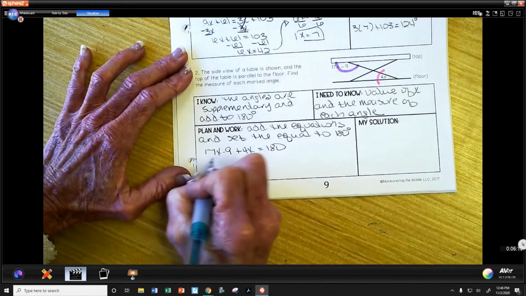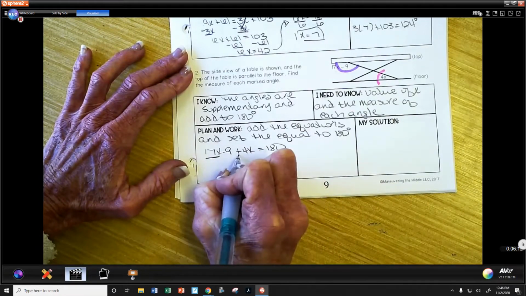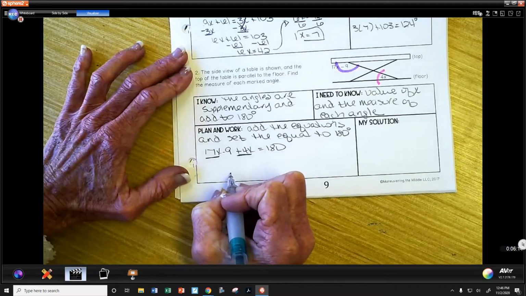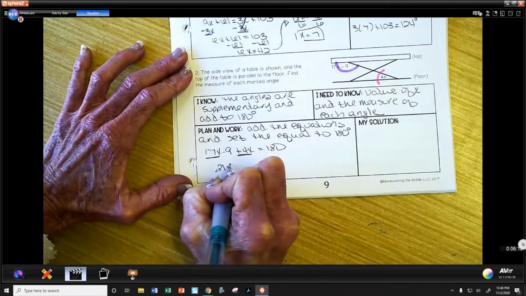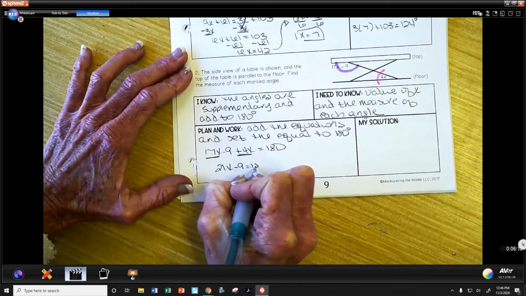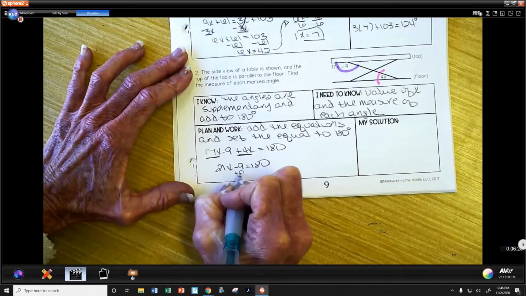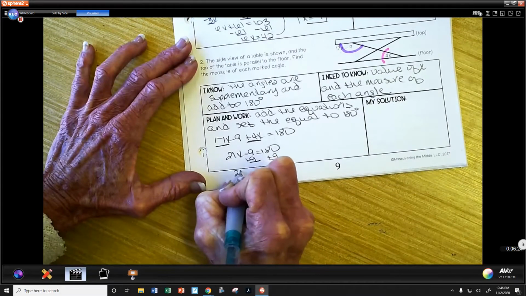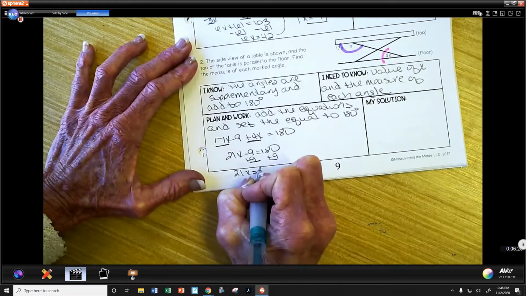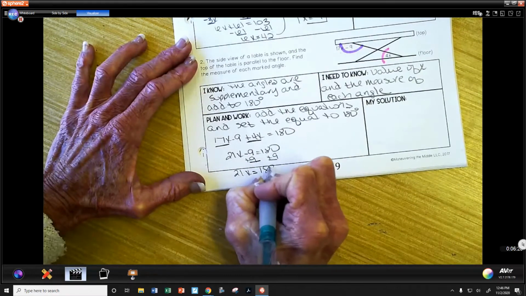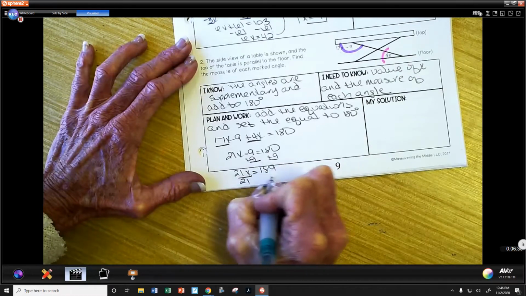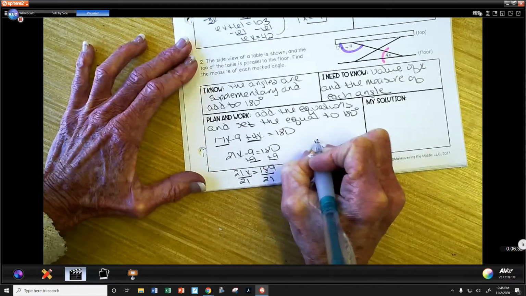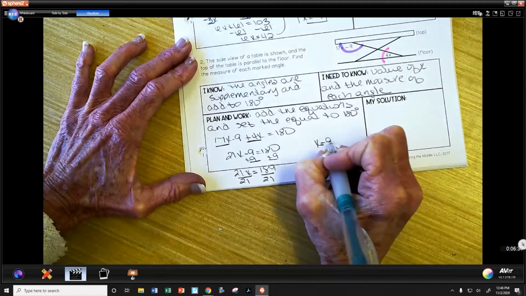So now I'm going to put together what I can. I can put that together and that together. So that's going to give me 21x minus 9 equals 180. Add 9 to both sides. So now I have 21x equals 189. Divide by 21. So x equals 9.